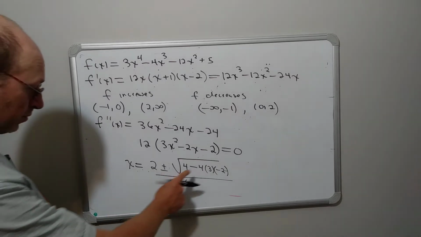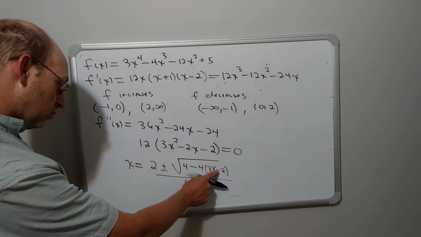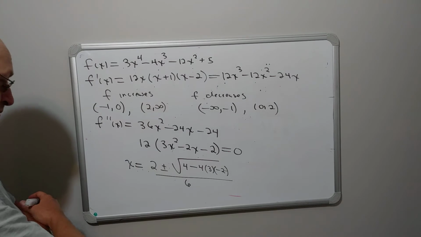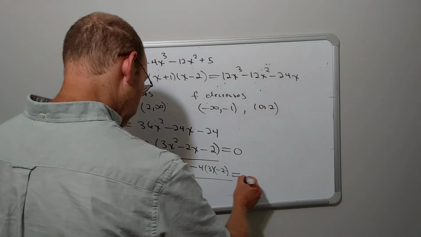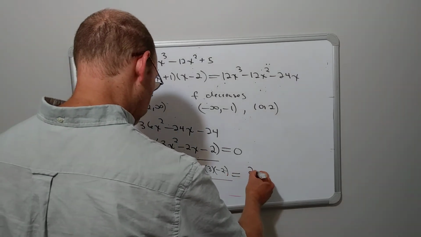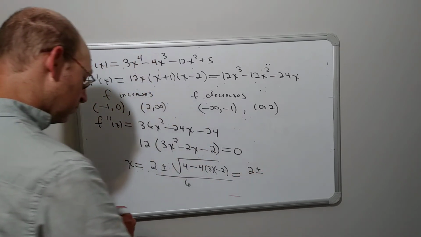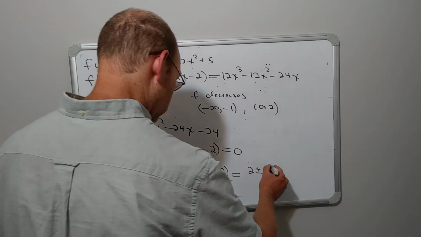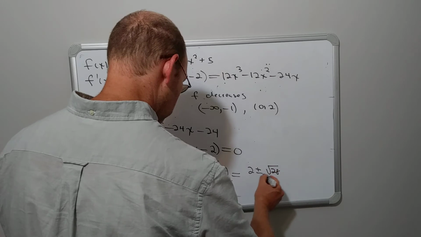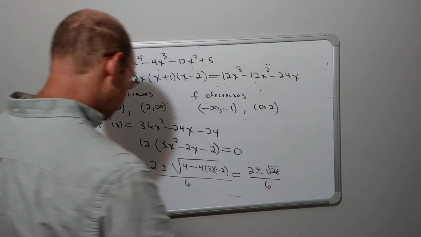So what do we get? 12, 24, 28. So we get 2 plus or minus the square root of 28 divided by 6.